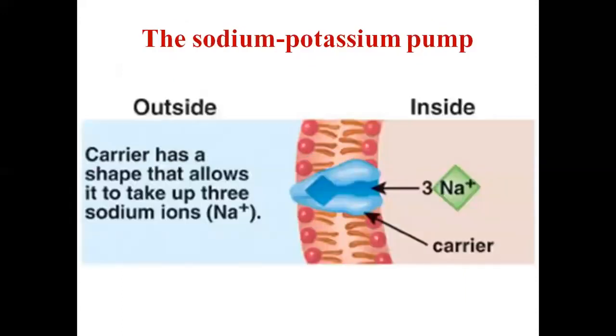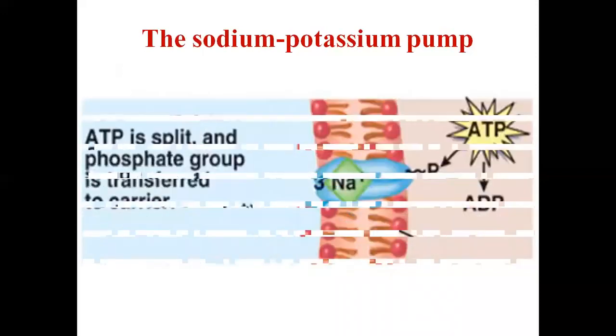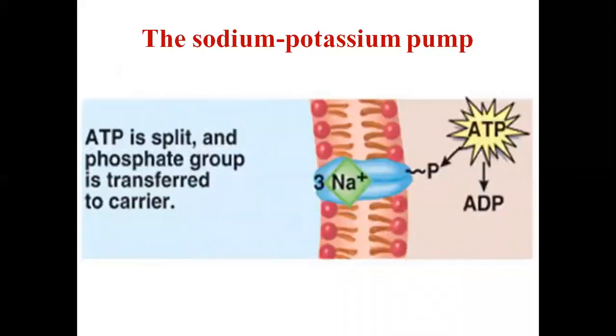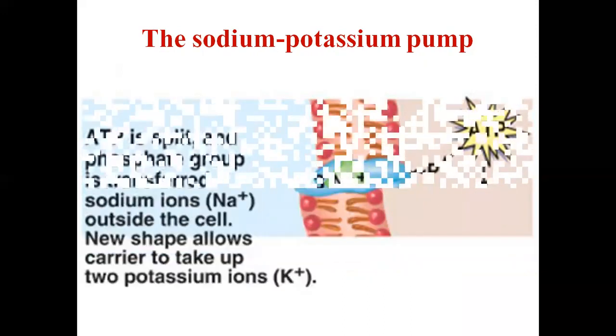Now the sodium potassium pump, it is outside. The carrier has a shape that allows it to take up 3 sodium ions from inside. So we can see the ATP is split and the phosphate group is transferred with the help of energy.